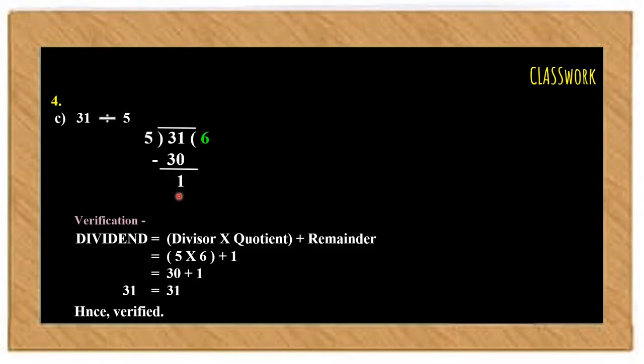Putting all these values in the formula of verification, which is dividend is equal to divisor multiplied by the quotient plus the remainder, we get 5 multiplied by 6 plus 1, that is 30 plus 1 or 31. Since 31 is the same as our original dividend in the question, we can be assured that our answer is correct and the division is also correct.